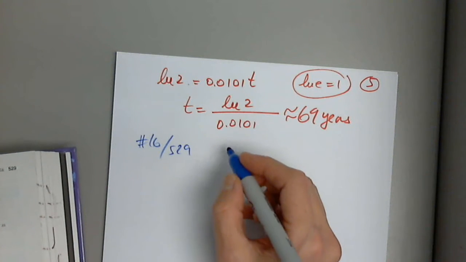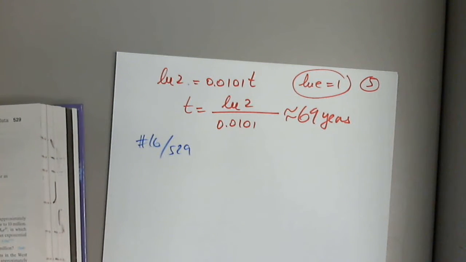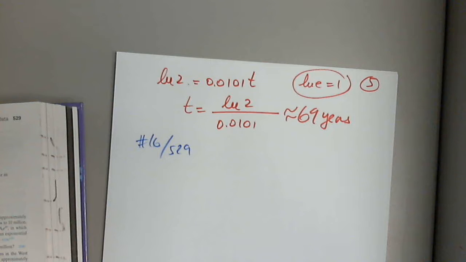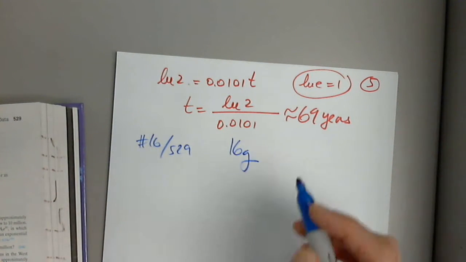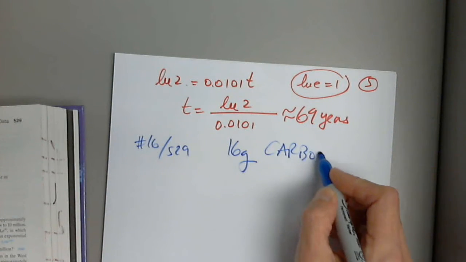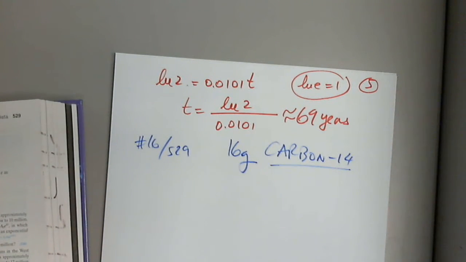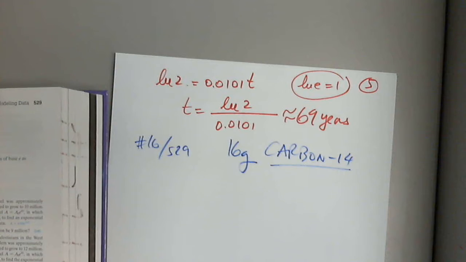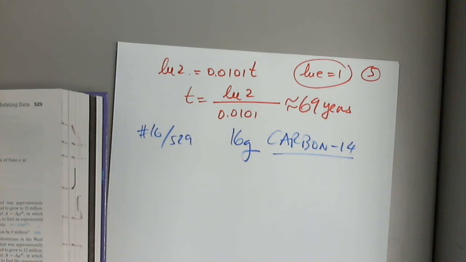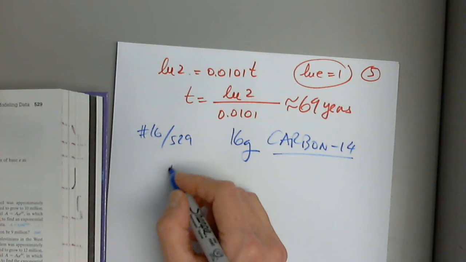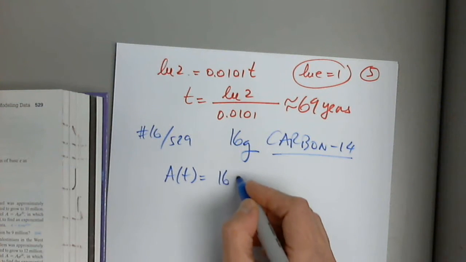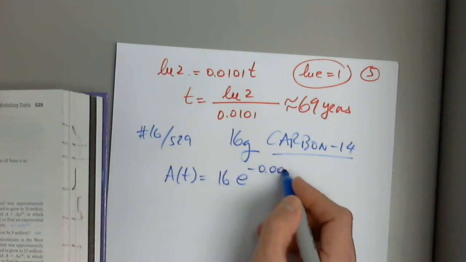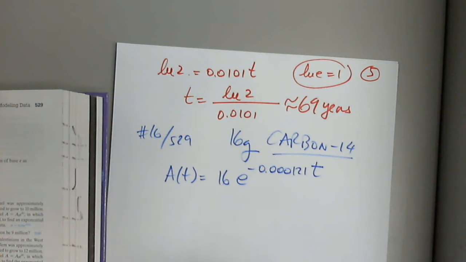We are told that an artifact originally had 16 grams of carbon-14. This is just the name. It's not important, but we know it's a radioactive substance. The decay model, again, is A of t equals 16 e to negative 0.000121t.